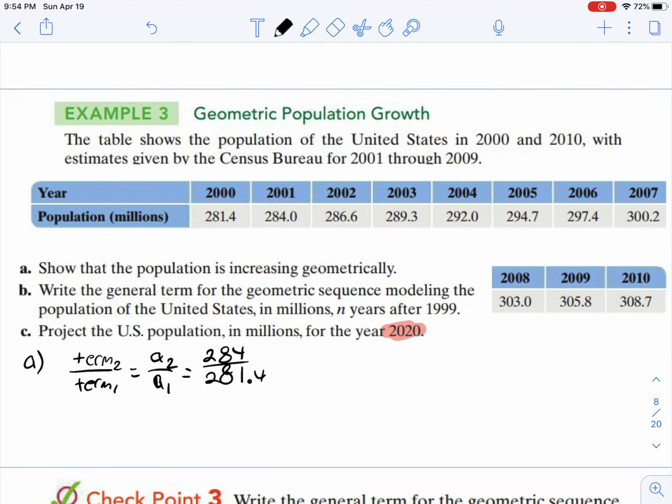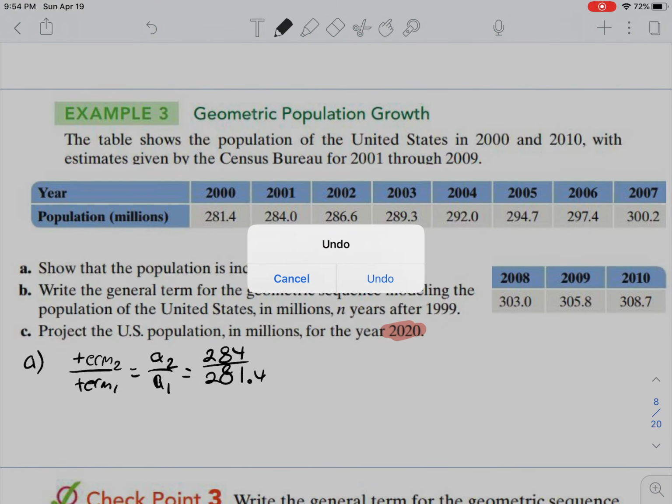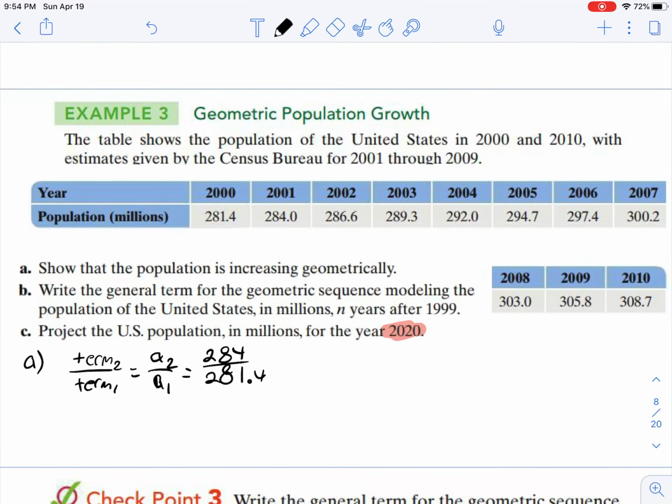Then we're going to do the same exact thing for our next set and see if we have that same common ratio. So we're going to take term 3 and divide it by term 2, a sub 3 divided by a sub 2.